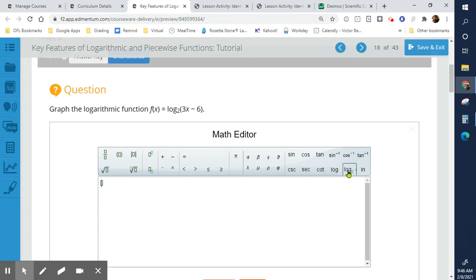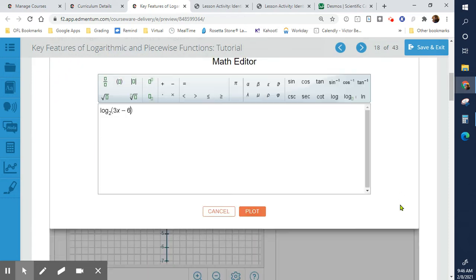We're going to use this log function right here. It's going to ask us for a base, you can see it flashing down there. We're going to do base 2. In the parentheses, we're going to do 3x minus 6. All right, so there's our function.